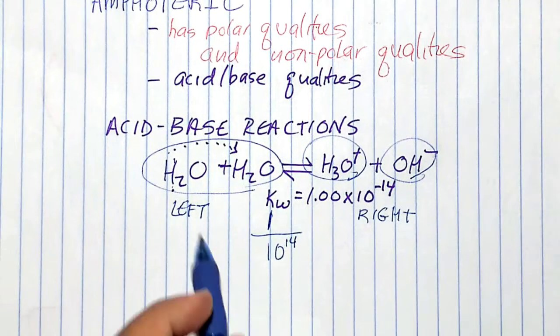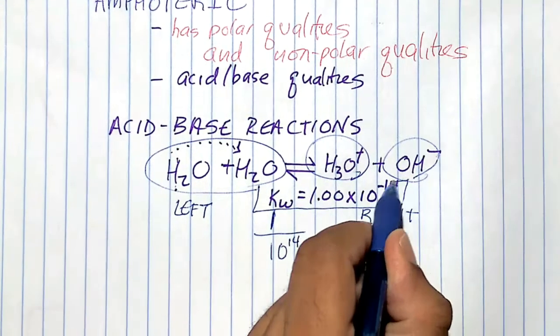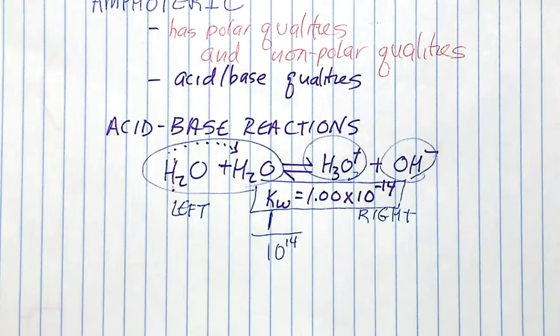So water will participate in reactions in the cell, and water will participate as an acid or as a base. Now, inside the cell, you have a different environment than what's outside the cell.